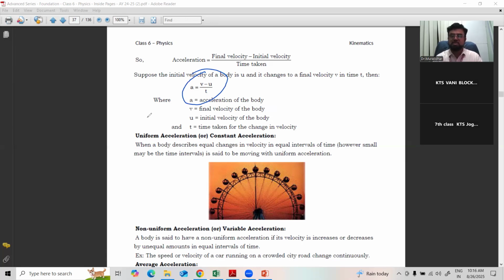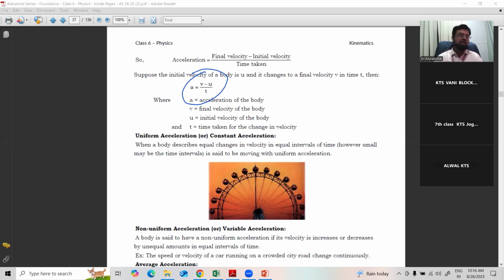Where A is acceleration, V is final velocity, and U is initial velocity, meaning the starting velocity, and T is the time taken for the change in velocity from U to V. So this is about acceleration. If the velocity of the body increases, it is called acceleration. If the velocity of the body decreases with time, it is called retardation or negative acceleration.